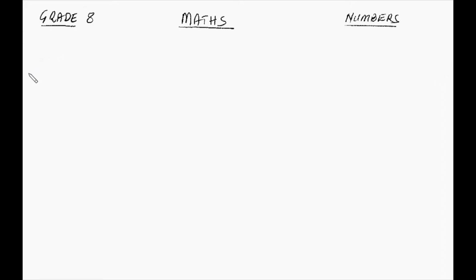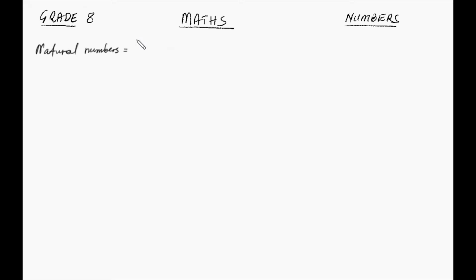We have odd numbers. Let me start with natural numbers, so that we can take these numbers from here. When we talk of natural numbers, we are actually talking about counting numbers.